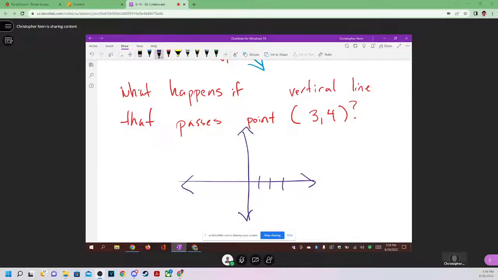1, 2, 3, 4, 5. 1, 2, 3, 4, 5. 3, 4 is all the way over here. Boom. That's where my point is for the line. Now, I have a completely vertical line. How do I write the equation of this line? That was a terrible choice in color, actually.